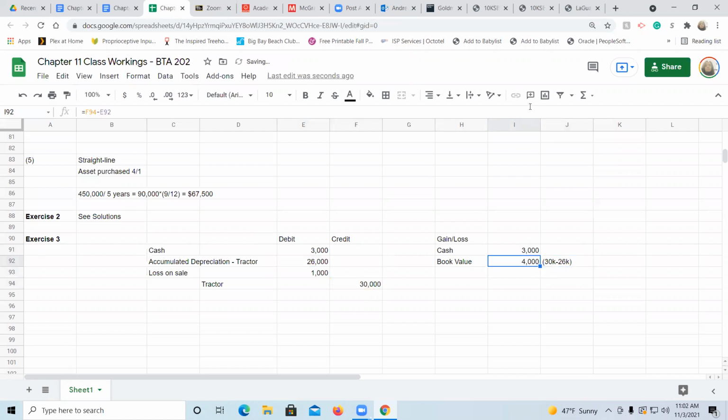So then we're in a negative situation because the cash that we received is less than our book value. So this is going to be a loss. So either way, whether you do the plugging of the number in the journal entry or you actually calculate gain or loss as the difference between cash and book value, either one is going to end up giving you this $1,000 loss.